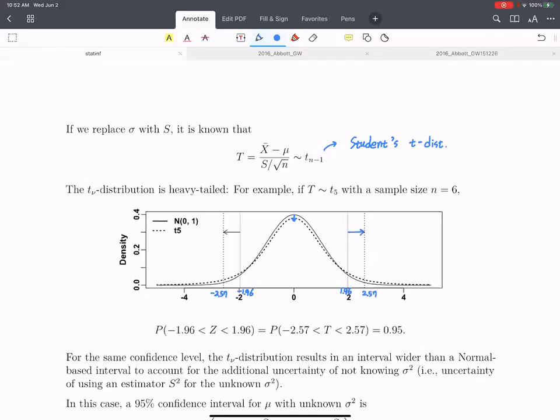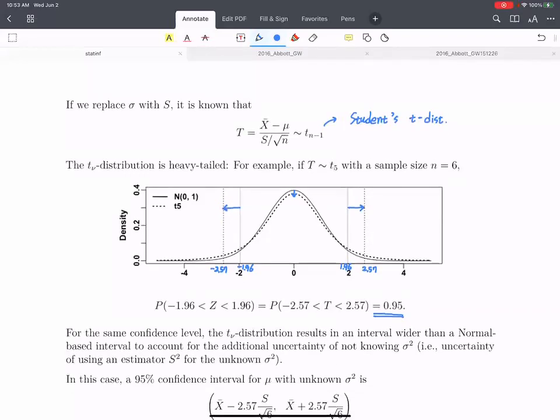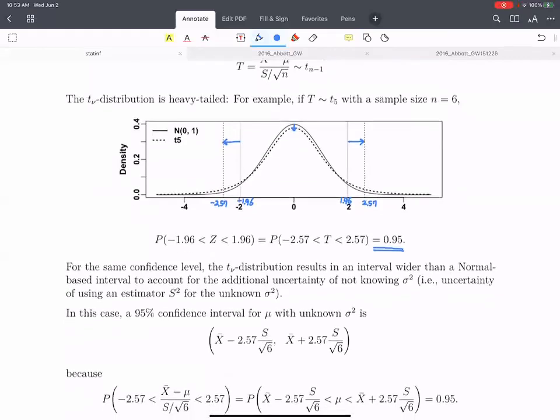You should extend the range to get the same probability. By the way, 2.957 is coming from the Student t distribution with 5 degrees of freedom. But if the degrees of freedom are different, then definitely you will have a different range to get the same 95% probability.